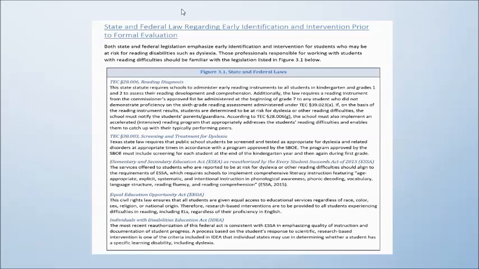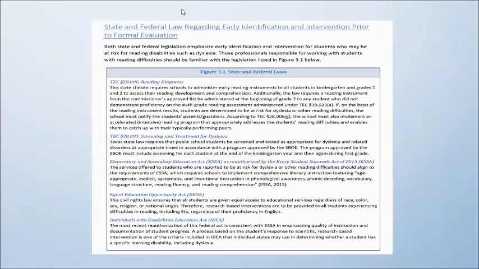These laws also indicate that schools must implement a comprehensive literacy instruction featuring age-appropriate, explicit, systematic, and intentional instruction in phonological awareness, phonemic decoding, vocabulary, language structure, reading fluency, and reading comprehension.